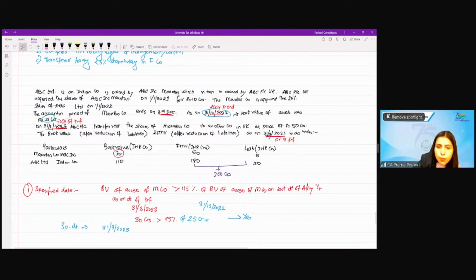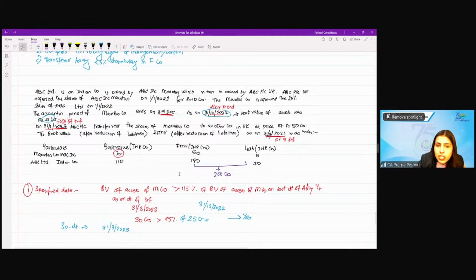Are you getting this particular point? We have to consider only the 20% of 200 crores.